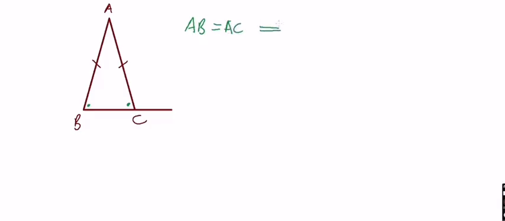That means that, in fact, let me say, if AB is equal to AC in the triangle ABC, then angle B equals to angle C. When I use this arrow, it means I'm saying implication or then. And then we have something else.